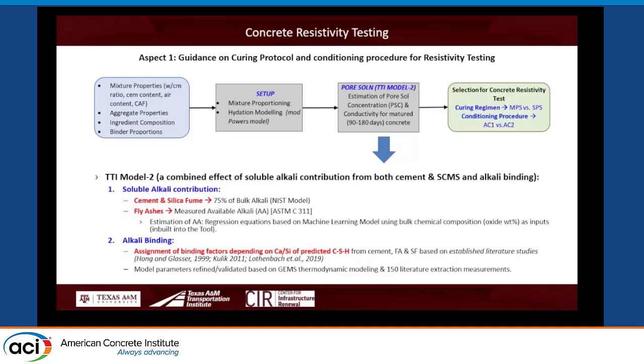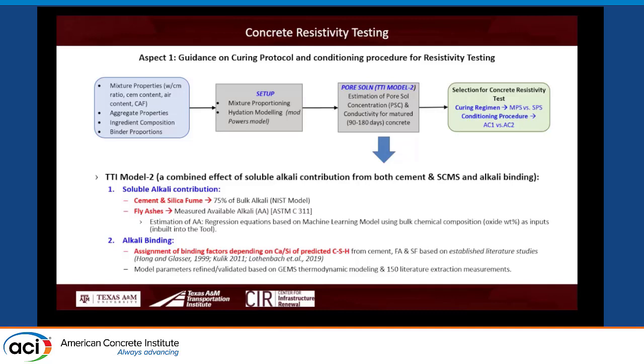It also considers alkali binding, because whenever there is a pozzolanic reaction due to addition of HCM, it produces a hydration product with a calcium to silicon ratio lower than the normal hydration product of Portland cement. And when the calcium silicon ratio goes down, it binds alkali very effectively. So that is incorporated in our model.